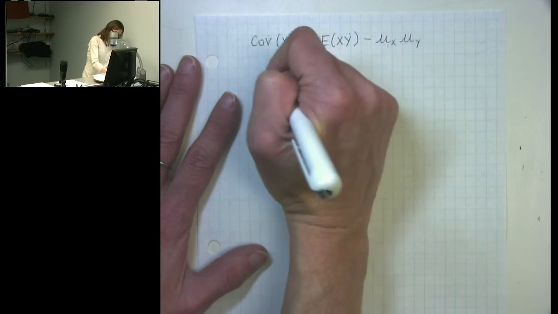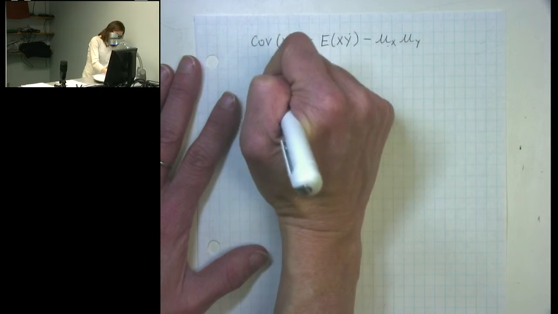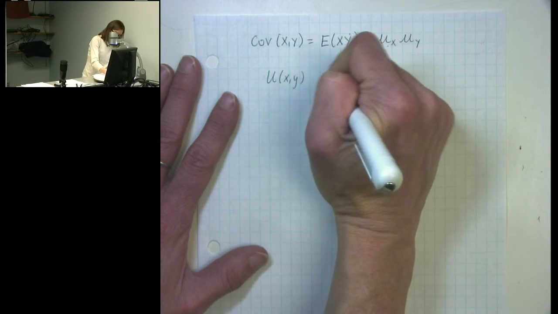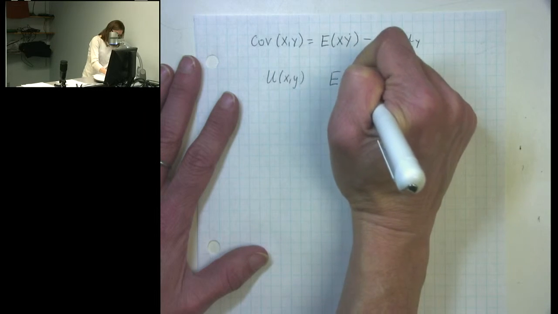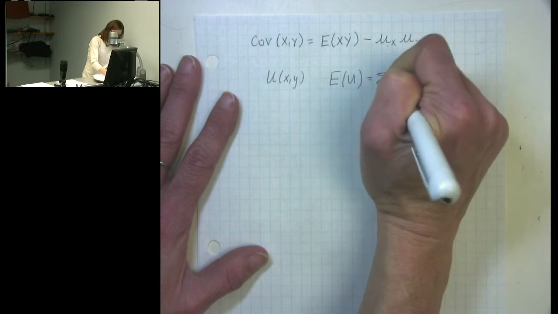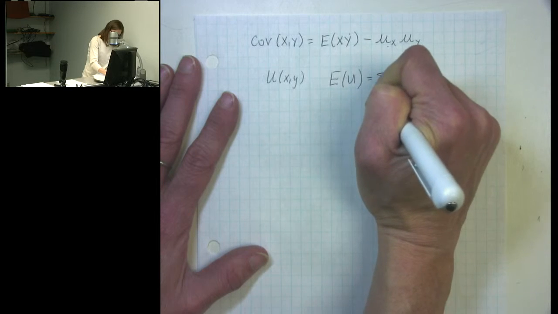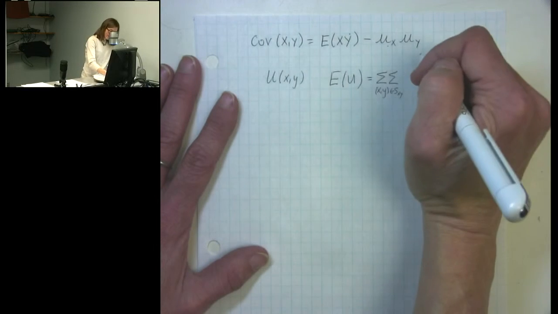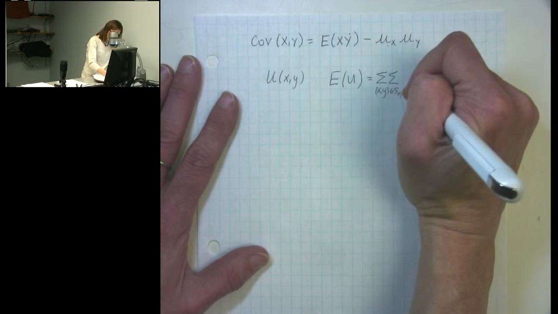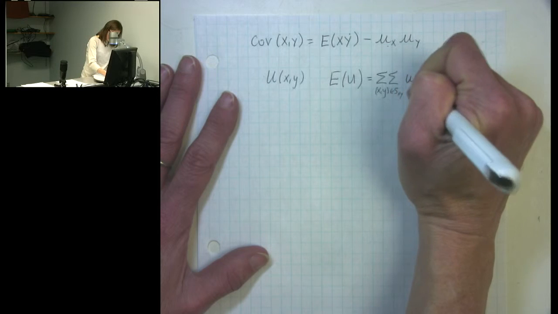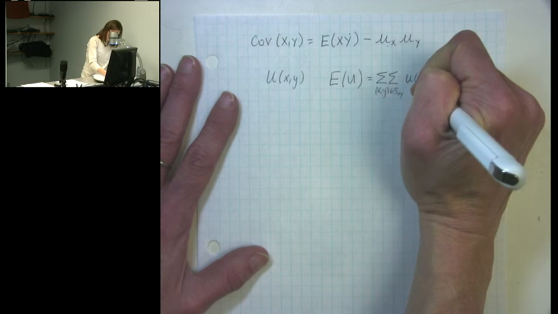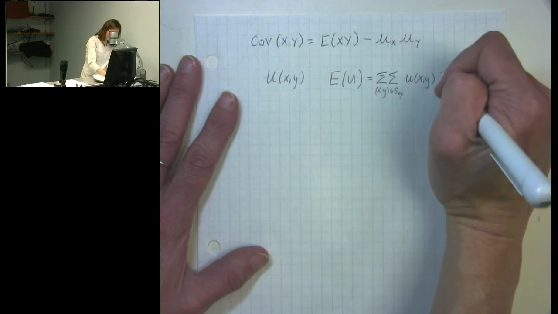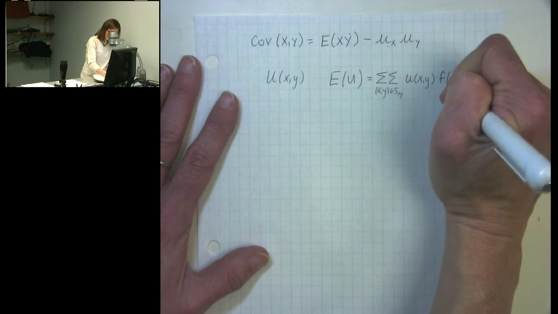Remember that anytime we have a function of x and y, if u is a function of x and y, to find the expected value of u, I'm going to sum over all the xy pairs that are in my support of my PMF. I'm going to evaluate my function for each of these xy pairs and then multiply it by the probability mass function, little f of xy.